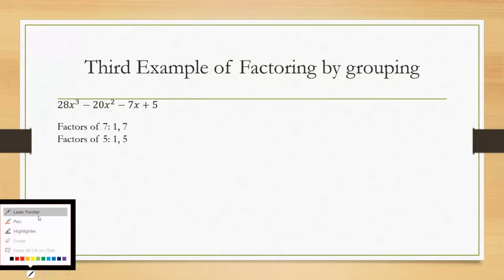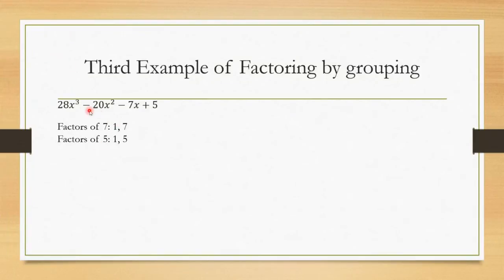And so just like before, we want to figure out what the GCF is, the greatest common monomial factor of the original. Well, notice that there's a non-zero constant term, so we can't factor out an x at all.